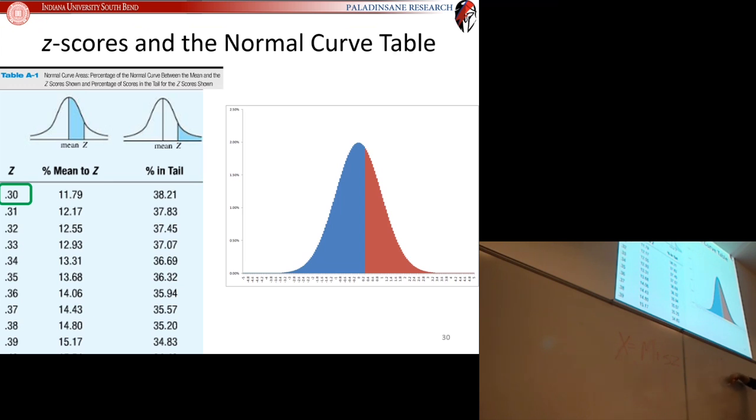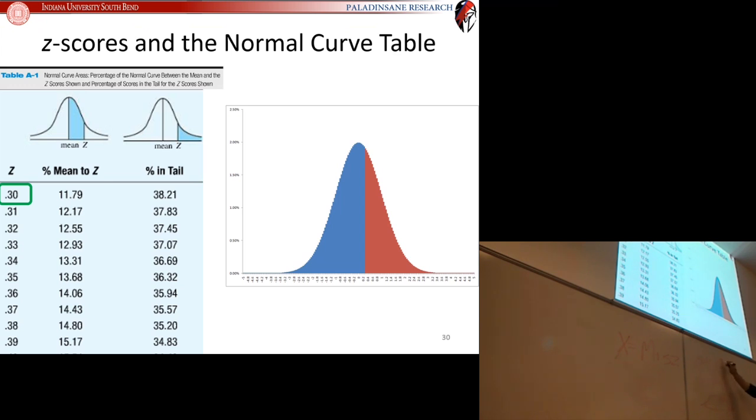That's the entire body that we want to figure out. So notice that it's made up of two pieces. The first piece is this half right here. So this section here, this is half of the distribution because the mean splits it right in half. That's half of the distribution, or 50%. So we got this section right here. The other portion we're interested in is this little section right here.